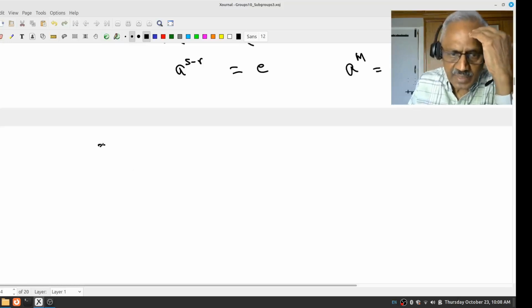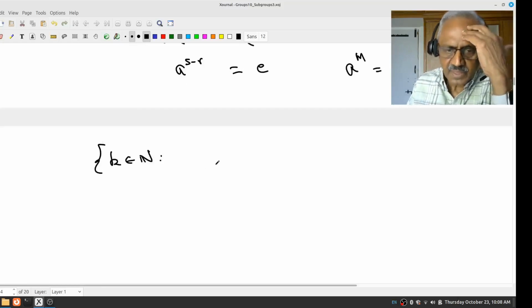Therefore let's look at the set of natural numbers k in N so that a to the power k equals identity.